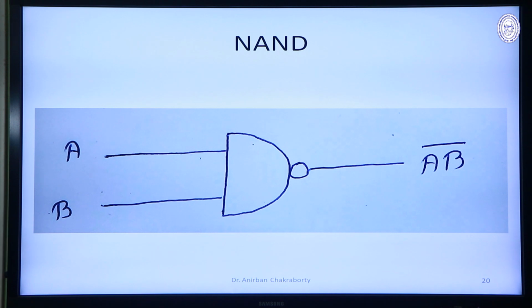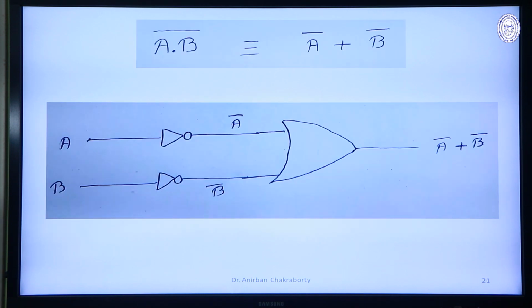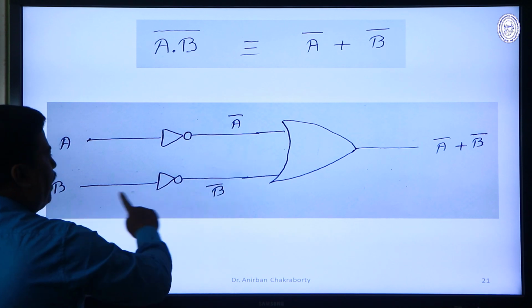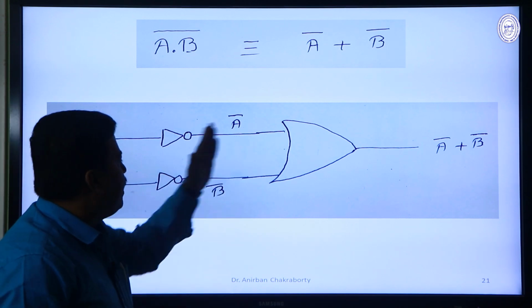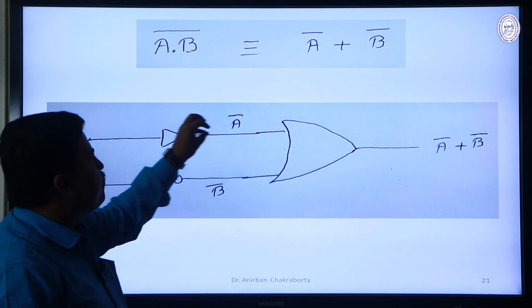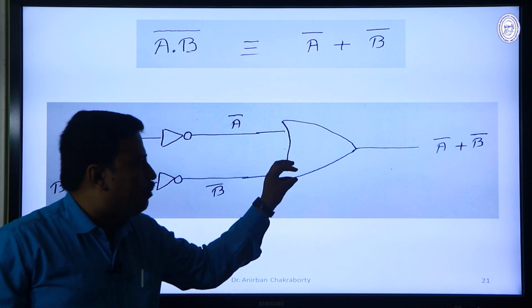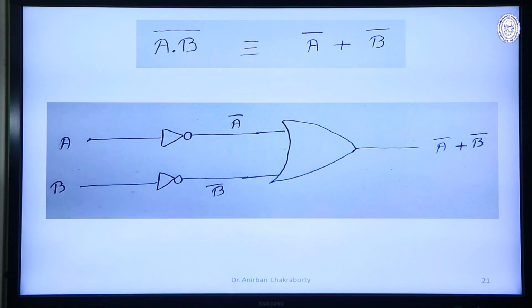So De Morgan's first law's left hand side is nothing but the NAND gate, and for the right hand side, it is A bar or B bar. So here is the A bar, here is the B bar. Again I am making them sandwiched, so this bubble goes here, this bubble goes here. How would it look?